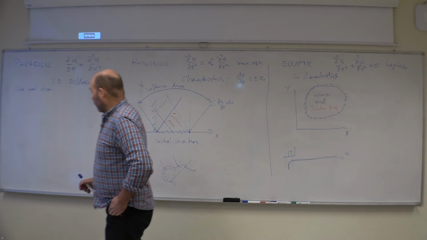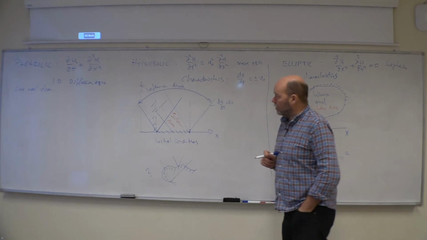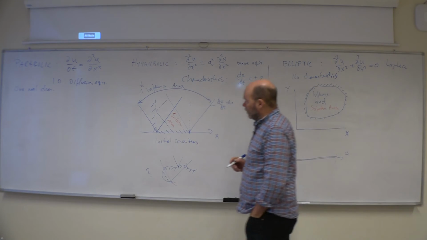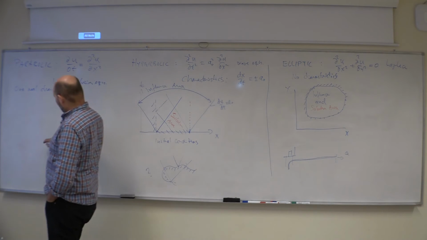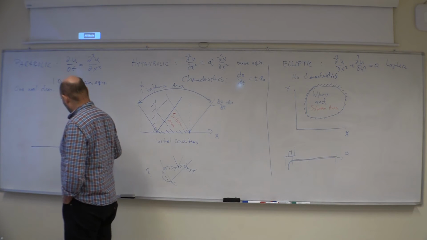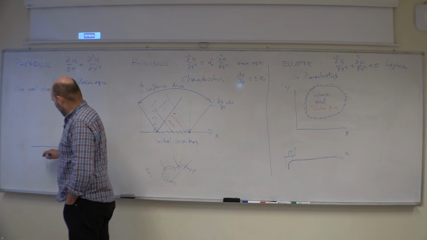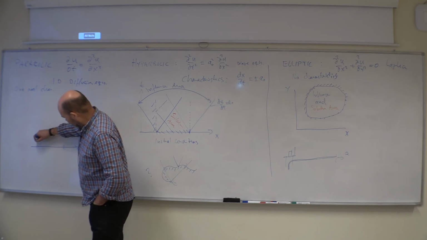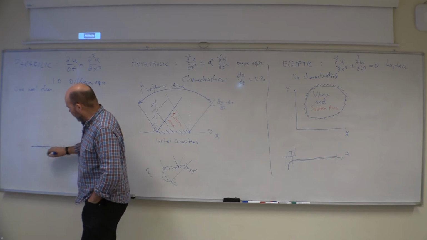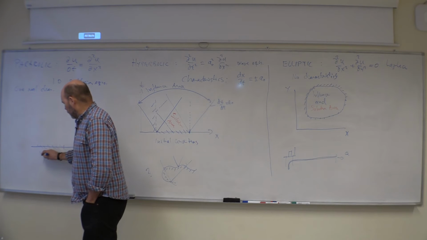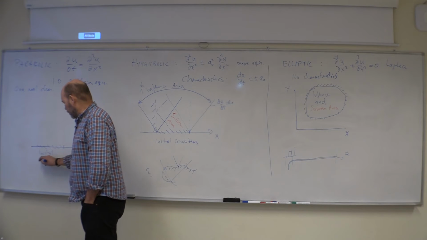So how can we solve a problem that is parabolic? Well, it's a one-dimensional problem. So I have x, and I have given a region in x where I now have initial data, initial condition.